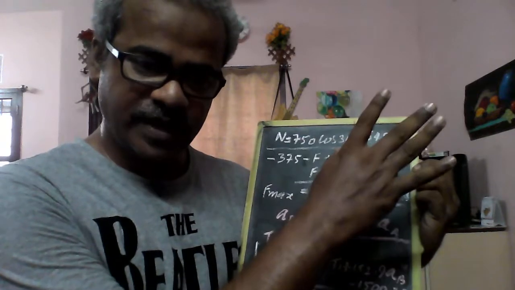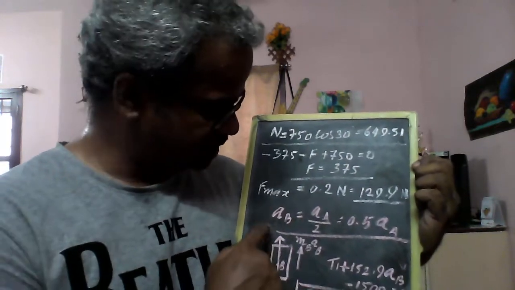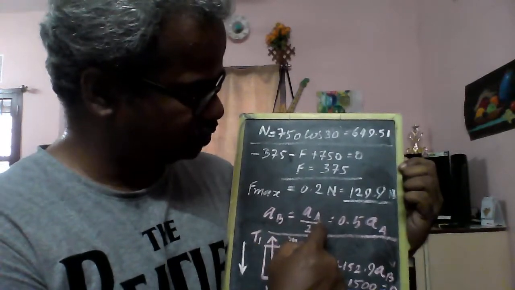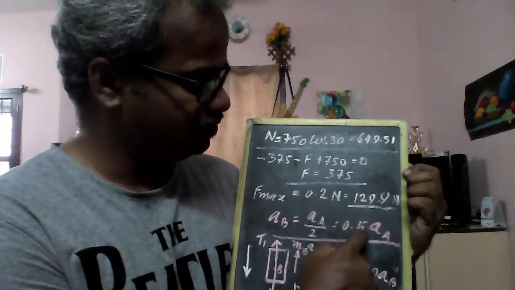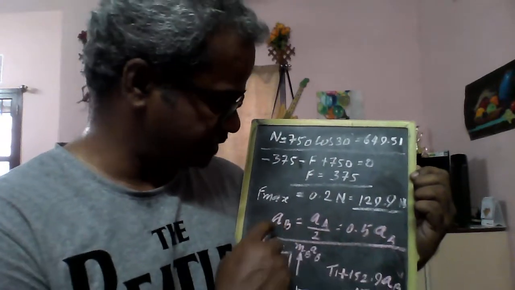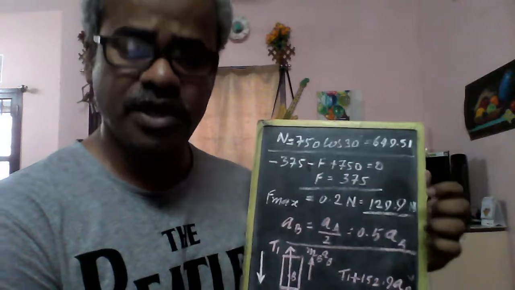So the direction of movement we have found out. Then the acceleration of B is AA by 2, that is 0.5 AA. So you have two accelerations, body A has one acceleration and body B has one acceleration.